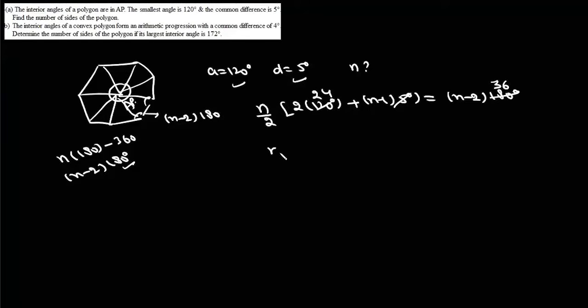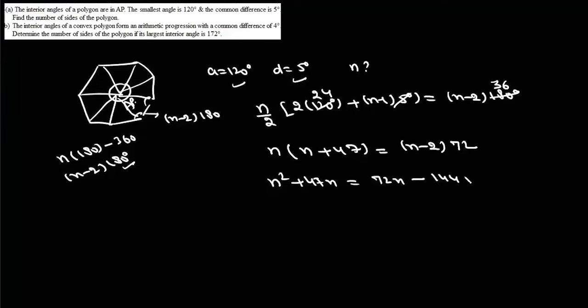Now this is n, and here it is n, 48 minus 1, n plus 47, and here will be this (n minus 2) into 72. So we write n square plus 47n equals 72n minus 144. So it will be n square minus 47 minus 72.